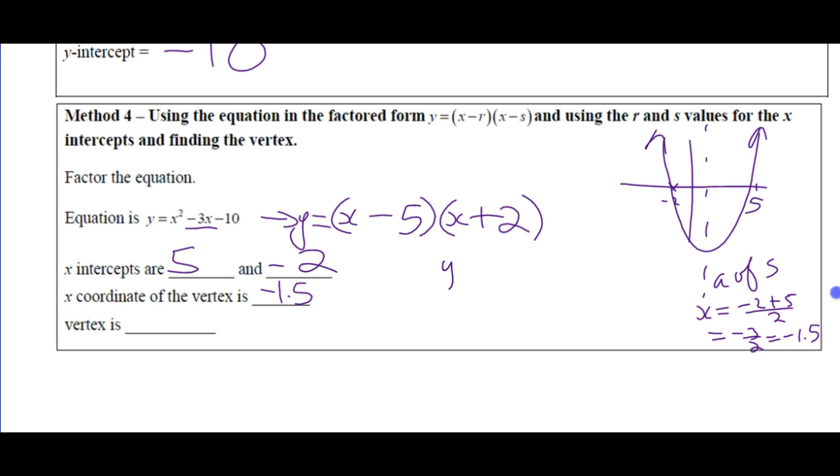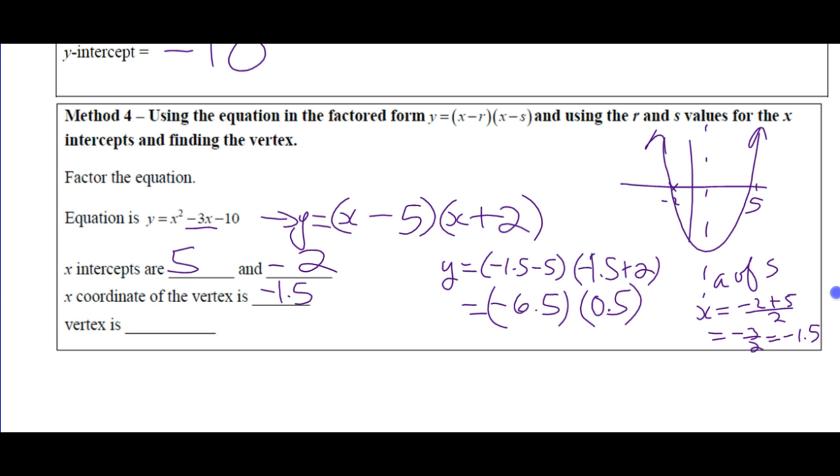1.5, so we'll go y is equal to 1.5 minus 5, and 1.5 plus 2. So that's -6.5. And that's positive, wait, yeah, negative, that's plus 0.5. So what's that work out to?